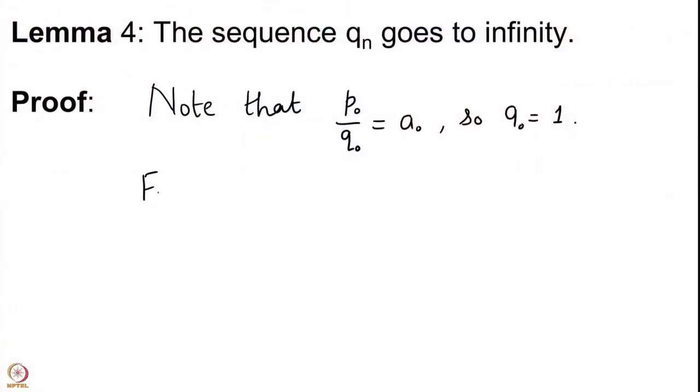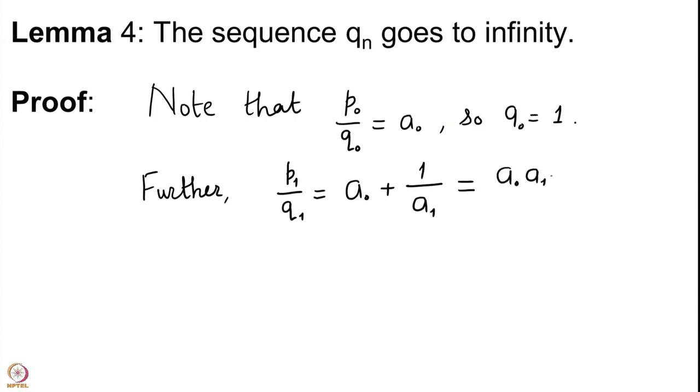Further, P1 by Q1 is A0 plus 1 upon A1. We are going to cut the continued fraction expansion at n equal to 1. So, we get this, and let me simplify this: A0 A1 plus 1 upon A1.